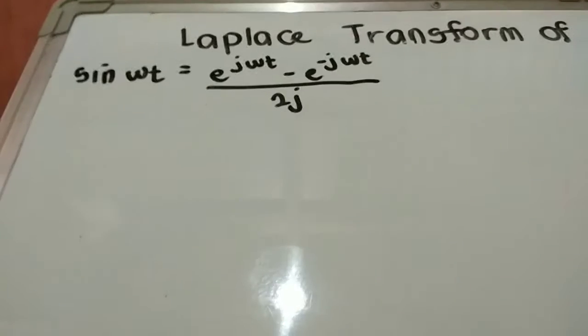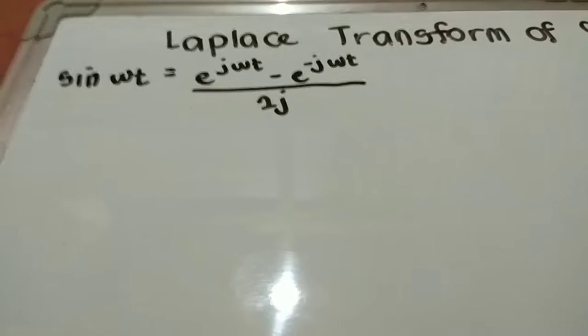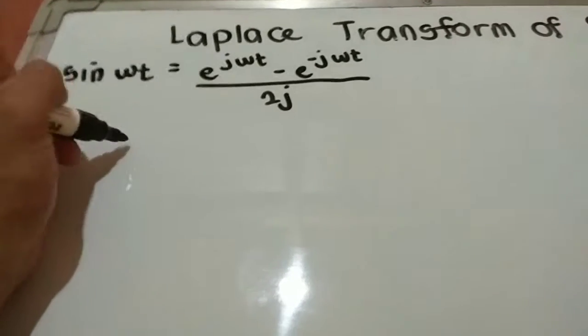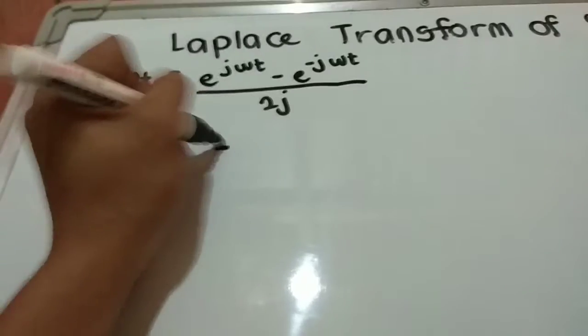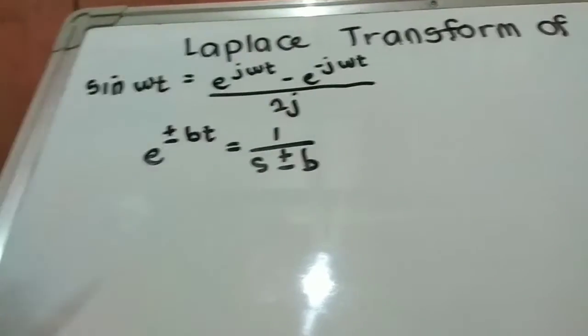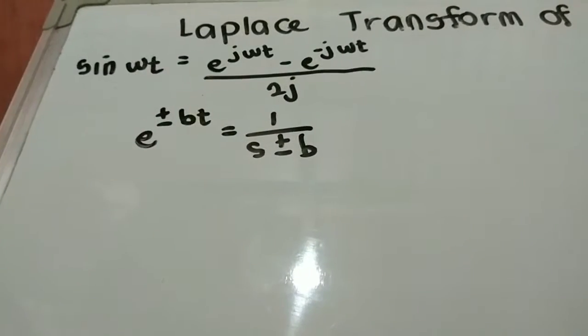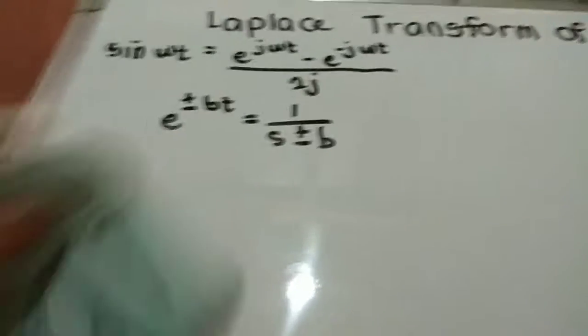In evaluating the Laplace of sine, we can use Euler's equation. Remember that e to the power of positive and negative bt is equal to 1 over s minus or plus b. So we can substitute the formula here and here.